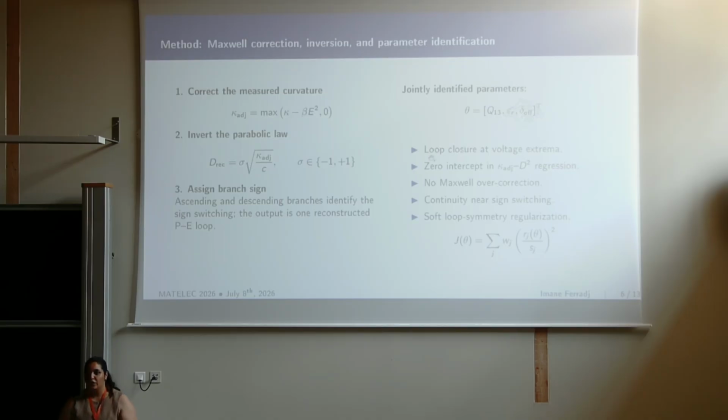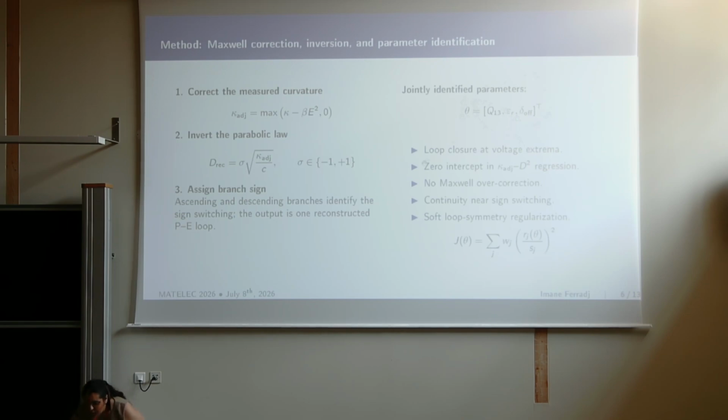And those are defined in parallel. The way they are defined is that we set a bunch of conditions or penalties to make sure that the collected parameters result in the correct reconstructed hysteresis loop.